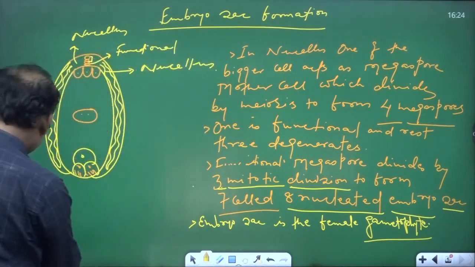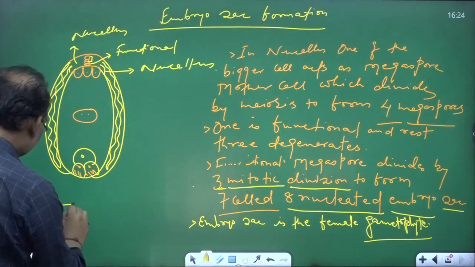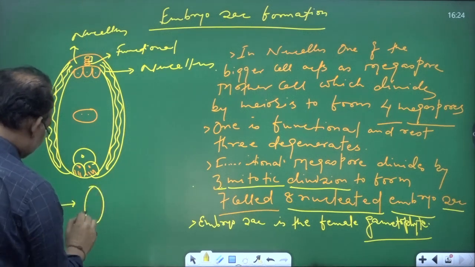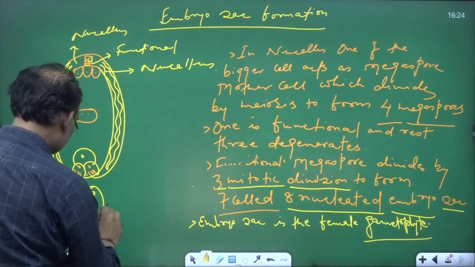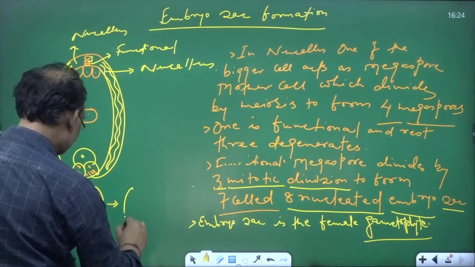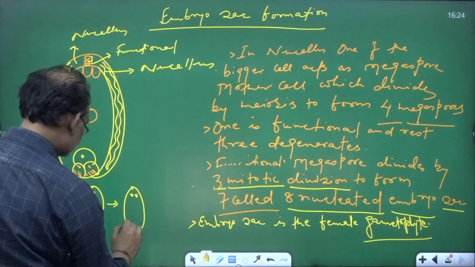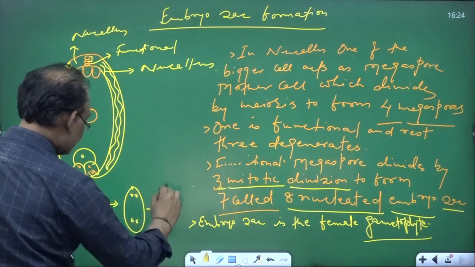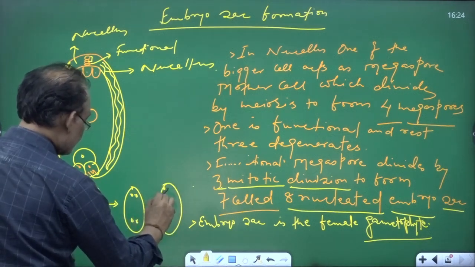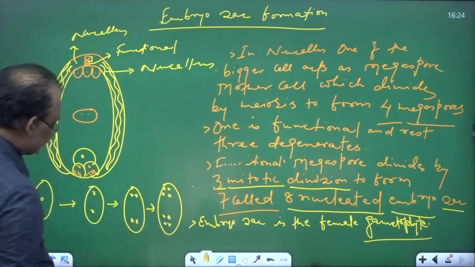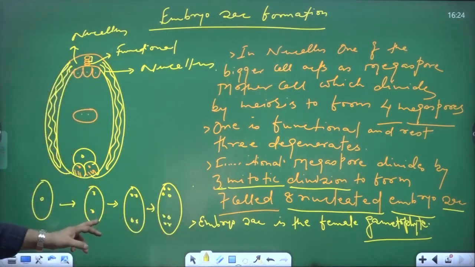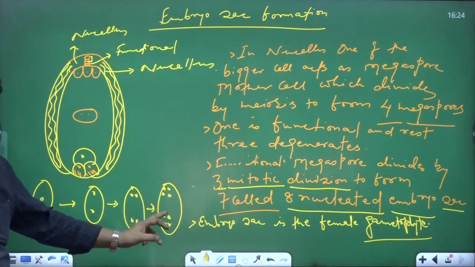This functional megaspore is going to divide by 3 mitoses. So how many cells will be formed? 1, 2, from 2 to 4, and then 1, 2, 3, 4, 1, 2, 3, 4. You see, first mitosis, second mitosis and third mitosis.